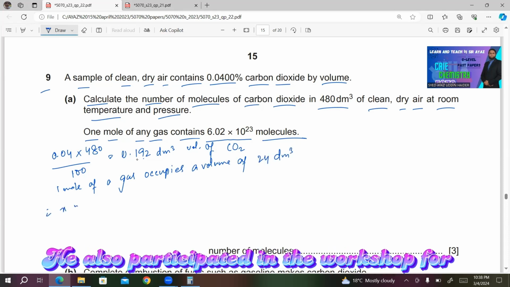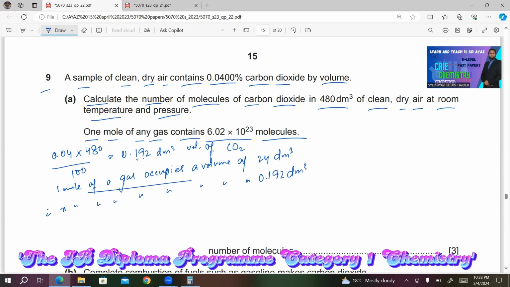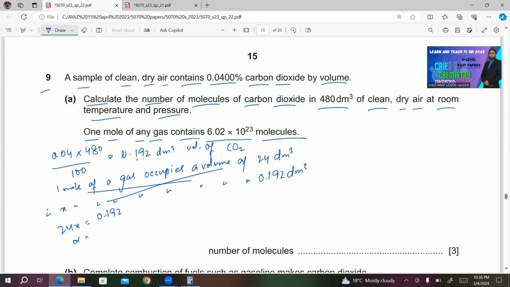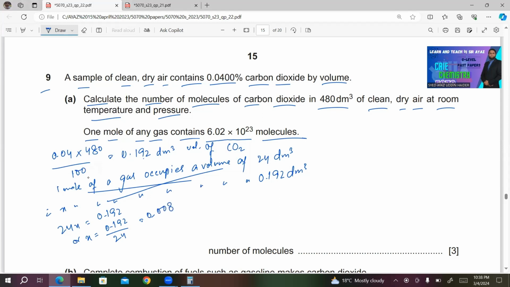Therefore, x mole of a gas occupies a volume of 0.192 dm³. Cross multiplying, we get 24x is equal to 0.192, or x is equal to 0.192 divided by 24, and this will be 0.008 moles.